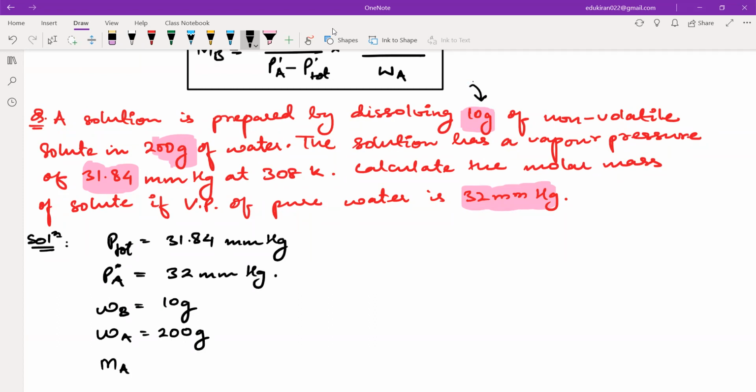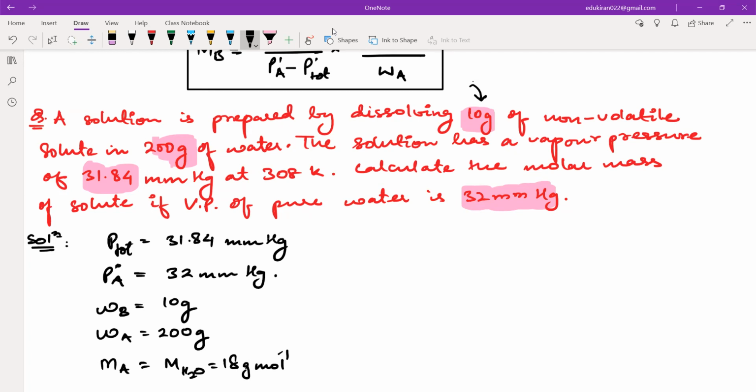And the molar mass of A, that is of H2O, is equal to 18 grams per mole. So all of these things are given, yes or no? Yes, sir.